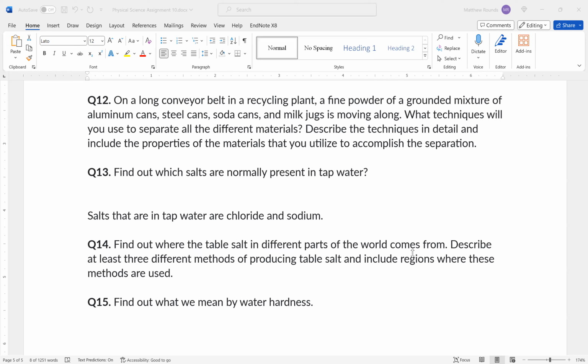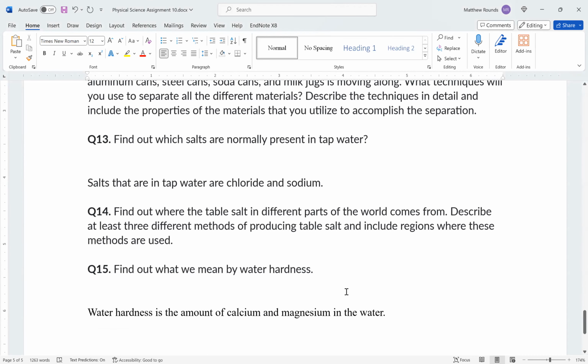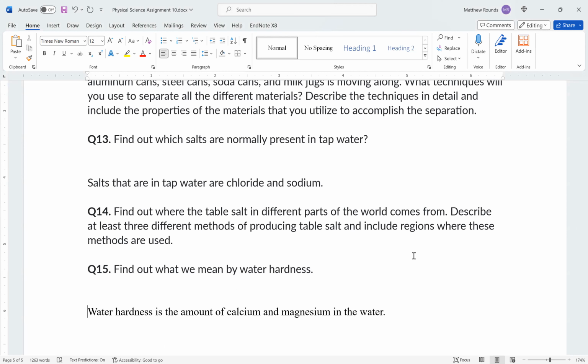There we go. Water hardness is the amount of calcium and magnesium in the water. Can you add anything more to that? I feel like that's everything you want to include. That's everything I want to include. Okay, that's fine with me.